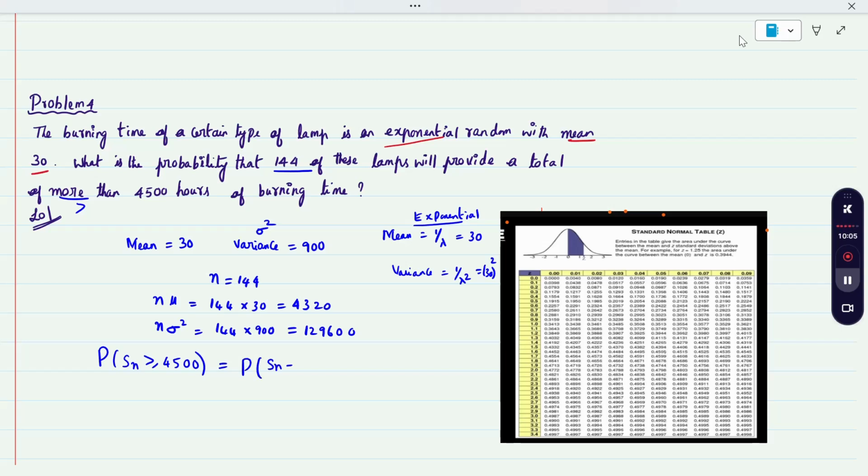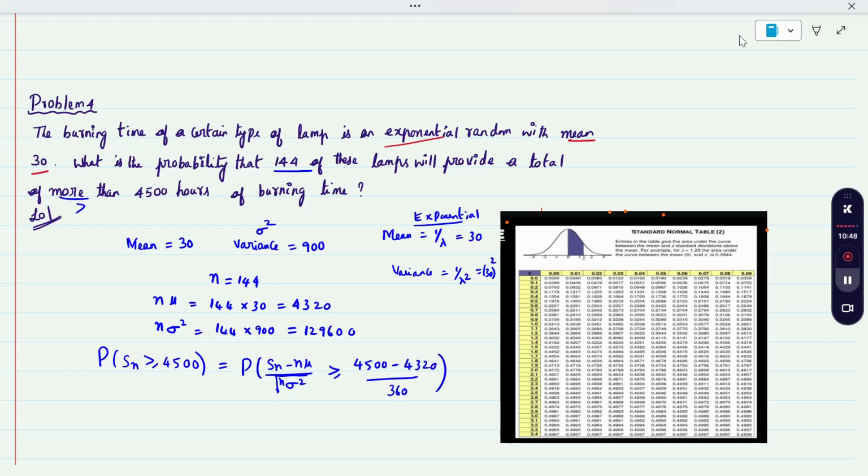So Sn is subtracted with n mu divided by root of n sigma squared, is greater than or equal to 4500 minus 4320, divided by root of n sigma squared. This separate root you take, that is easy for my calculation. When I take it, 900 root is 30, 144 root is 12. So 12 into 30, it is 360.